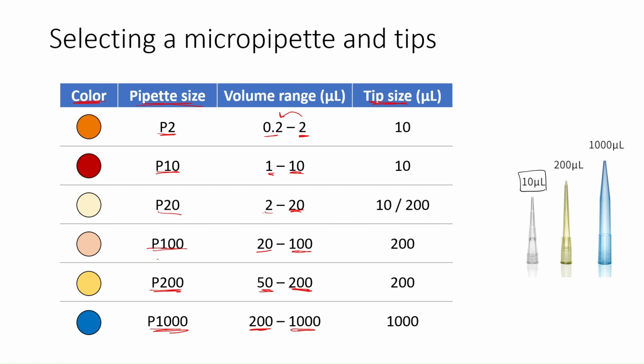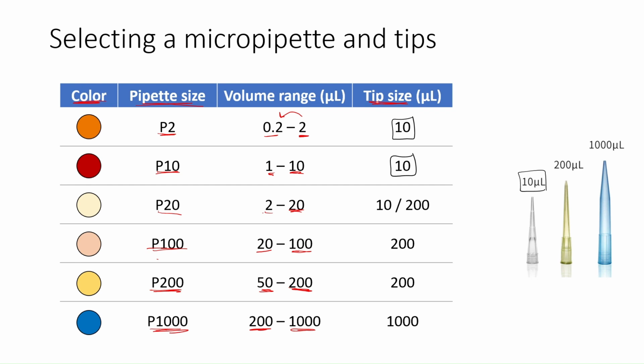These are often clear in color, but the colors do depend again on the brand occasionally, so you can visualize to see what color the tips are, but always check on the box, that will always tell you the volume capacity of the pipette tip. So a 10 microliter pipette tip, as the name suggests, can only hold up to 10 microliters of liquid. So you only want to use these smallest tips on our two smallest pipette sizes, the P2 and the P10, because those will only try to fit up to 10 microliters into that 10 microliter tip.